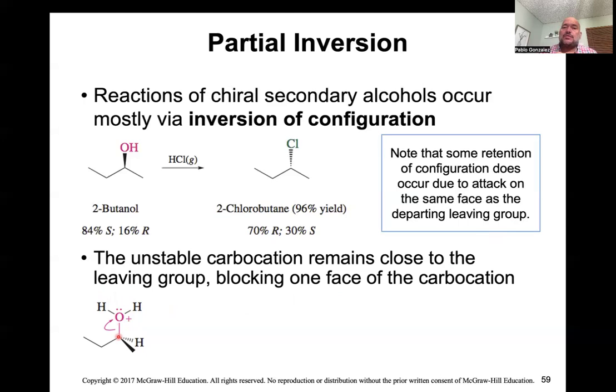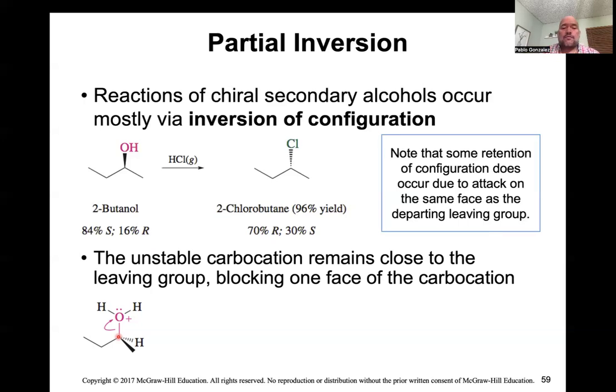If it's sp2, the geometric form of that carbocation is going to be what? Trigonal planar. So it's going to be a plane. It's going to be flat. So if it's flat and we have the carbocation, the nucleophile can attack from this side or also can attack from the other side because it's flat. It has 50% probability to attack each side.